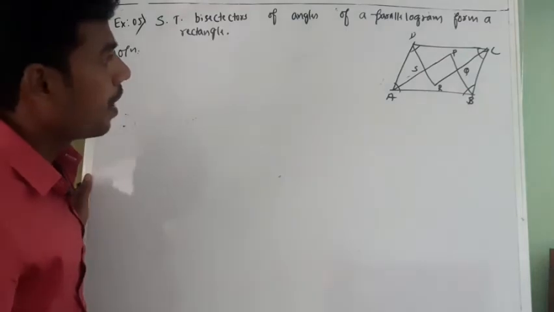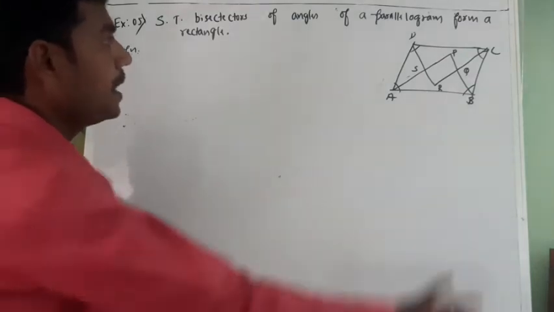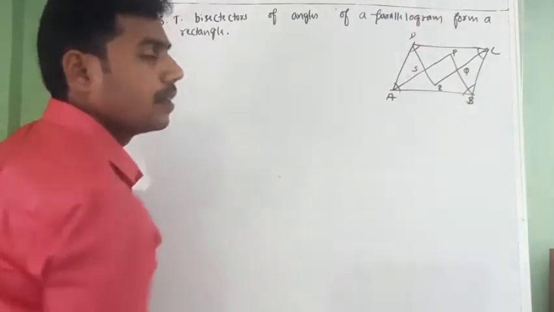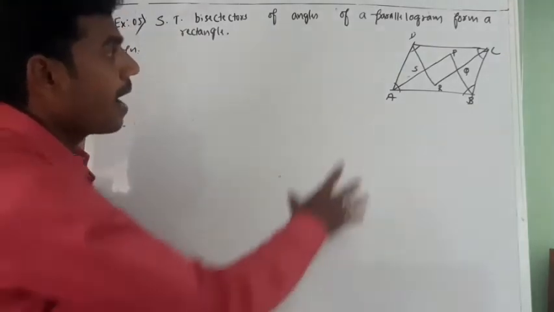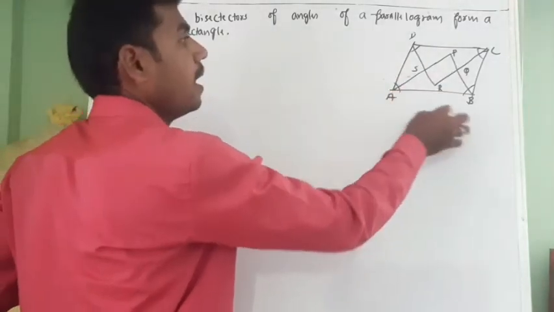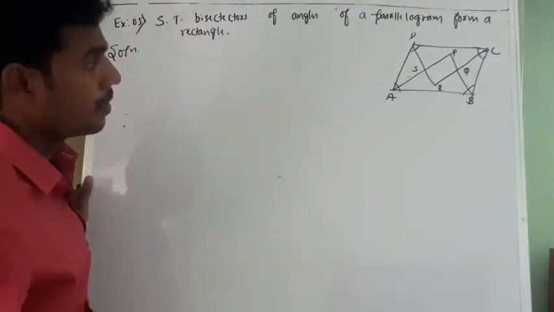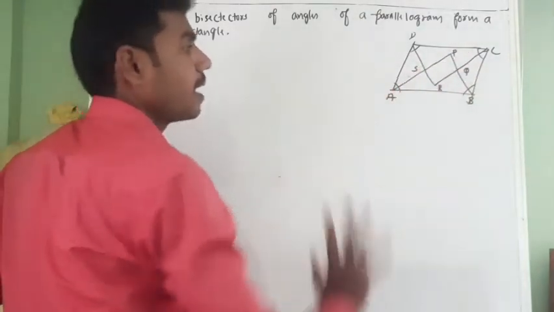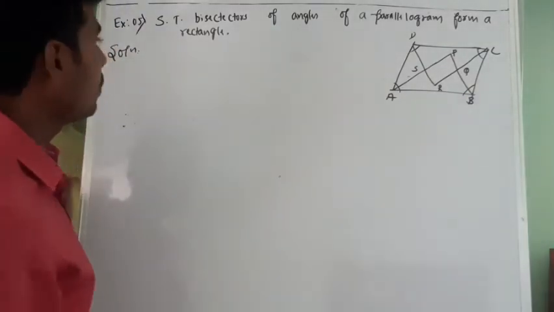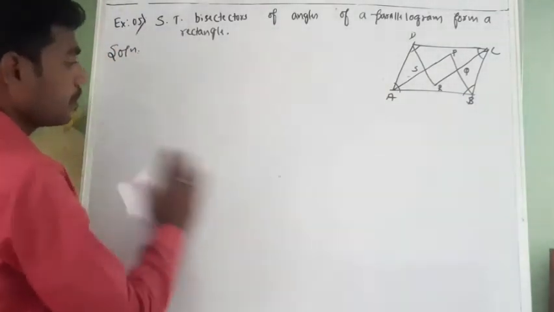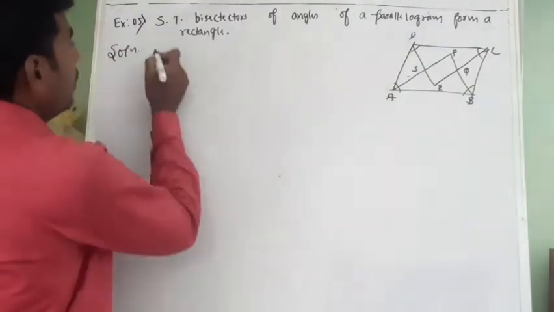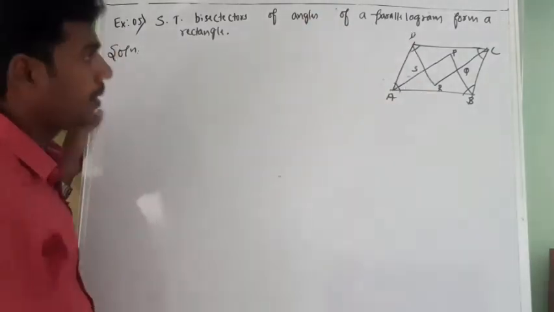Now what we need to show: PQRS is the quadrilateral that has been formed by the angle bisectors of angle A, angle B, angle C and angle D of a parallelogram ABCD. So we need to show this PQRS as a rectangle. So we need to write down what is given.